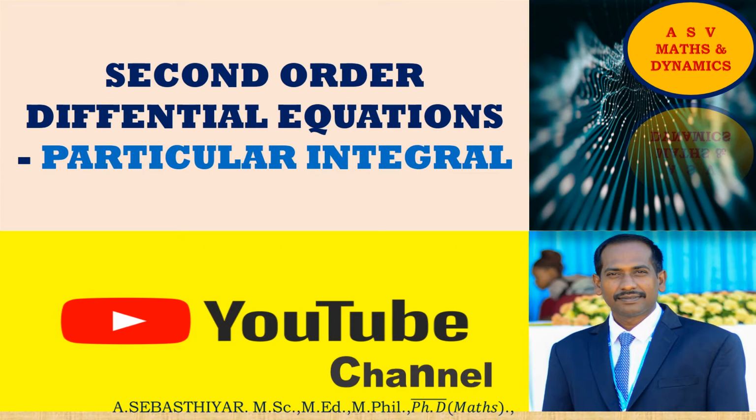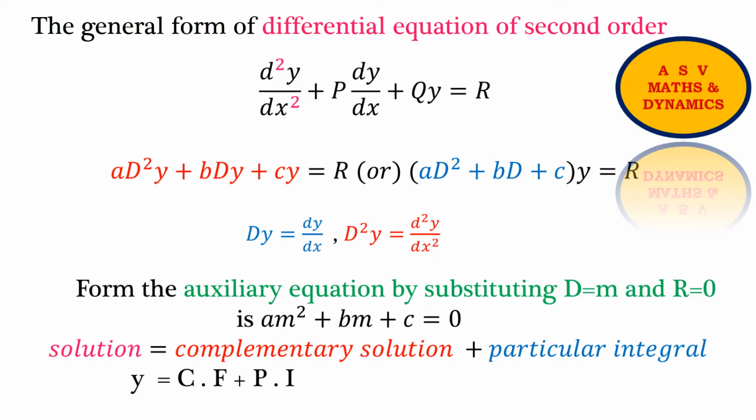So come to the point, particular integral. You already know the basic concept of second order differential equations from when I explained the complementary function. At the same time you know very well the structure of the second order differential equation. This is the order. Already I told you it is a derivative: how many times do you differentiate with respect to x?